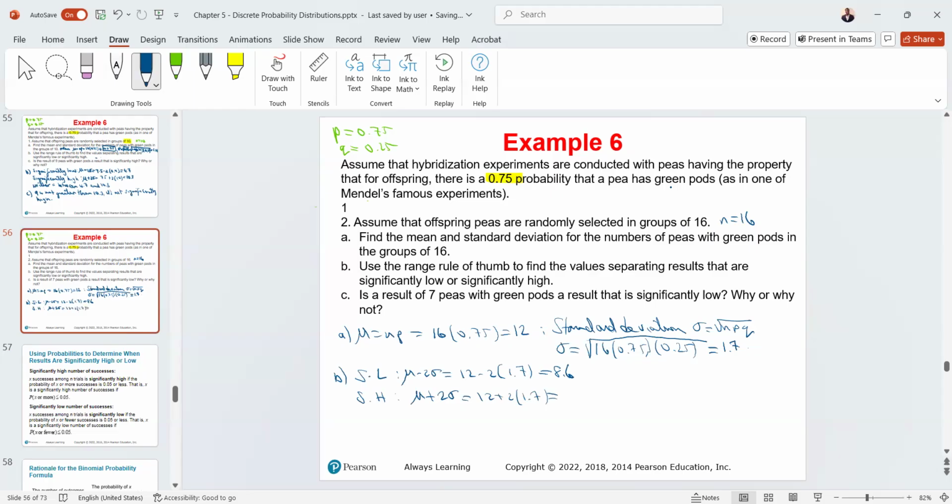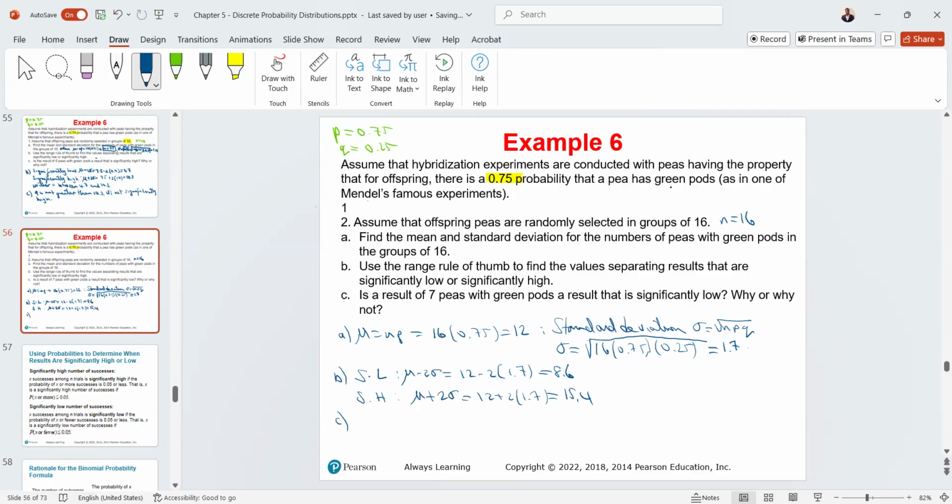From your calculator, it gives you 15.4. If it's between, then it's neither.